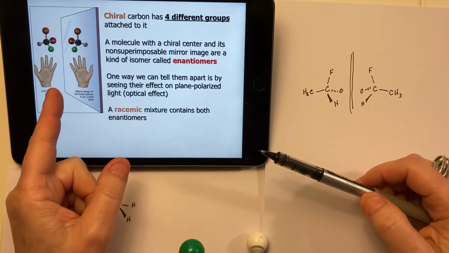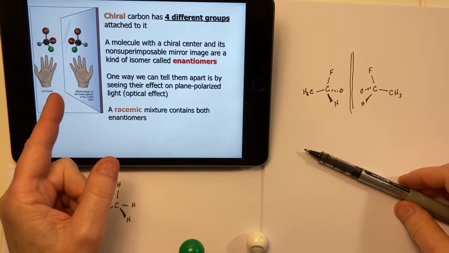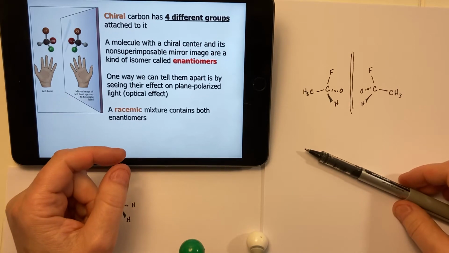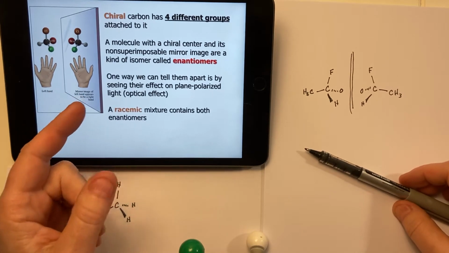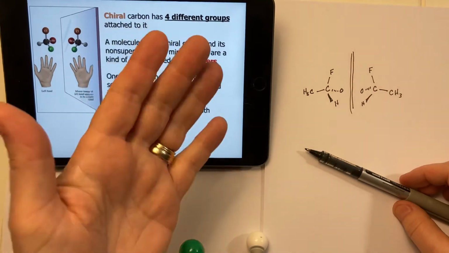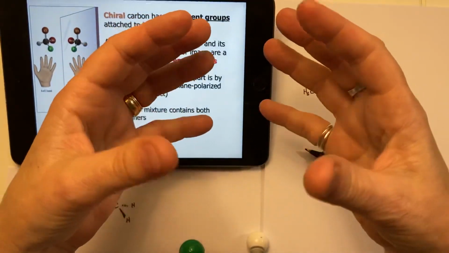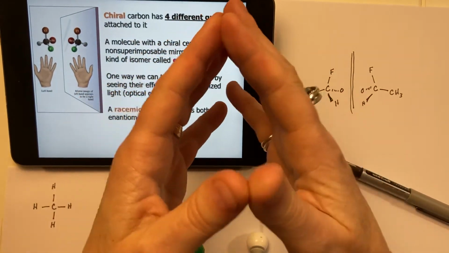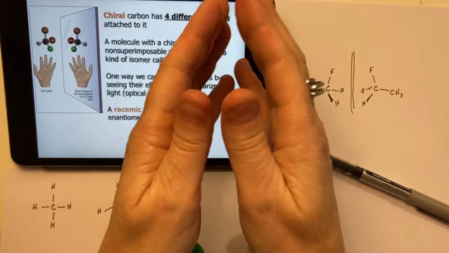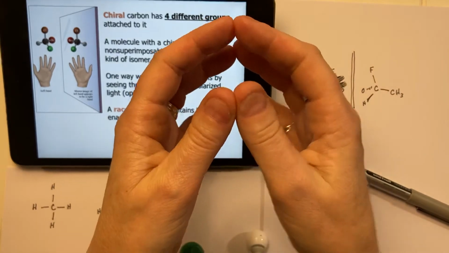Now we have a picture here showing hands, because this is another example of a mirror image. If you hold up your left hand and your right hand and put them together, of course your hands are mirror images of each other. They look alike.